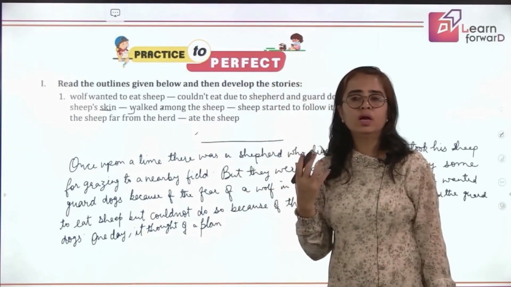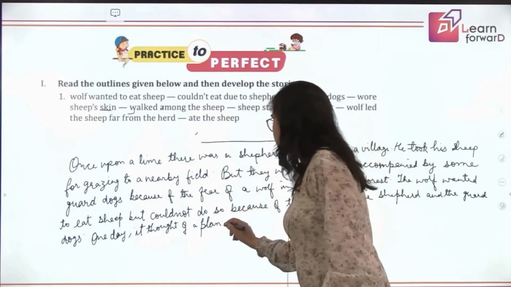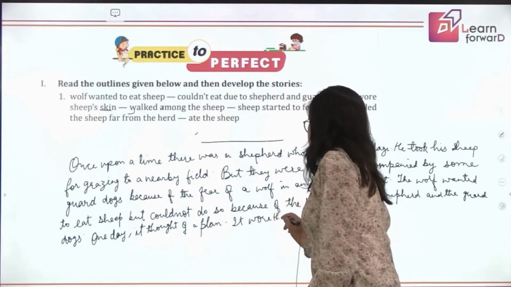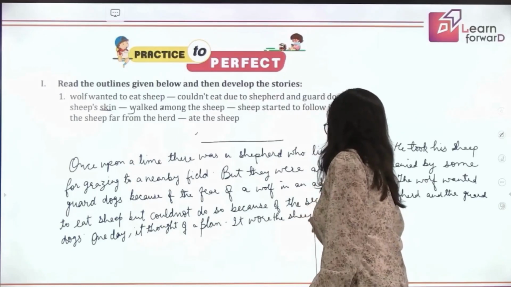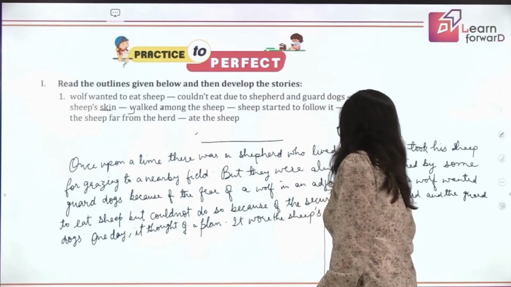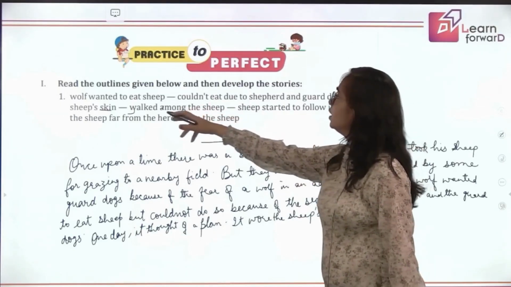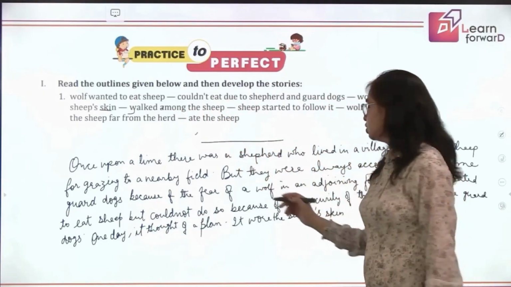It wore the sheep's skin. What happened then? It wore the sheep's skin and walked among the sheep.